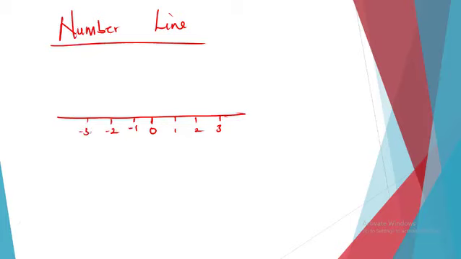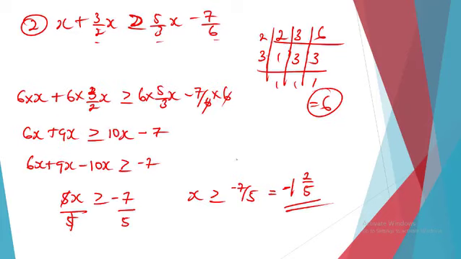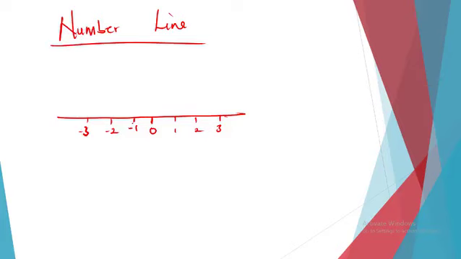For instance, if we're asked to illustrate the last example, which is minus 1 whole number 2 over 5, in this table, this is minus 1, is that correct? So we have minus 1 whole number 2 over 5. Let's assume this is where it falls, so write here minus 1 whole number 2 over 5.